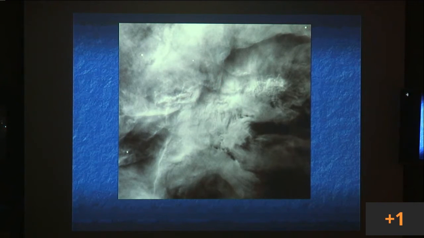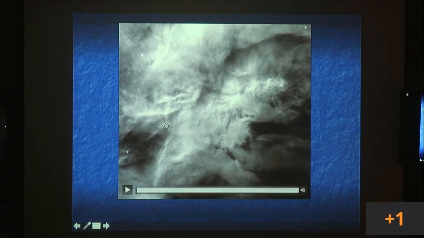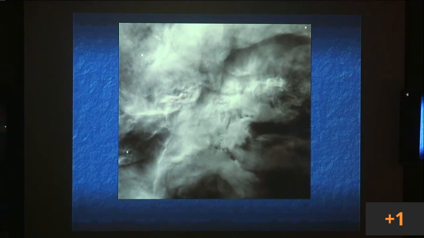I'll play it one more time. So watch things move as we go along. And you can also see objects here all moving out in the opposite direction.